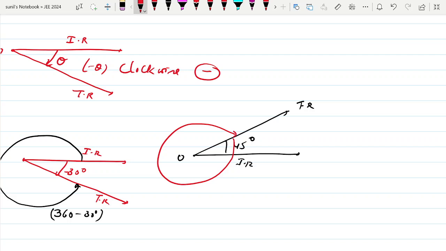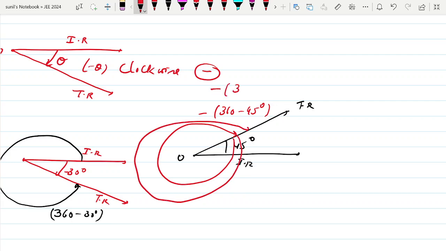Since it is a clockwise direction, this is minus times of 360 minus 45 degree. Now if I take 2 rotations, then what is the absolute measure of this angle? Minus times of 360 into 2 minus 45 degree.